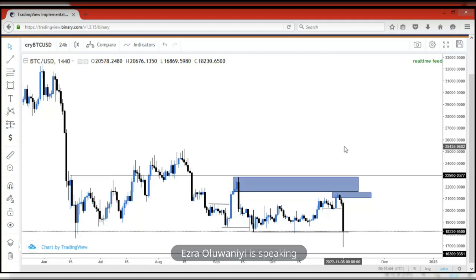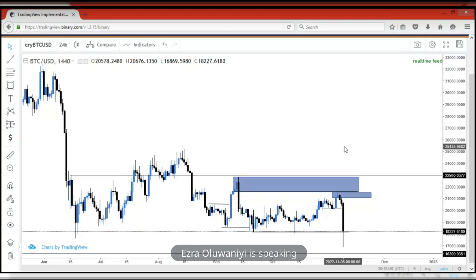See, let me tell you the truth. The truth is that nobody can tell you the order blocks that will hold. We have high probability order blocks. We have high probability trades. That's why we have other attachments to why we use specific order blocks and why we disregard specific order blocks.